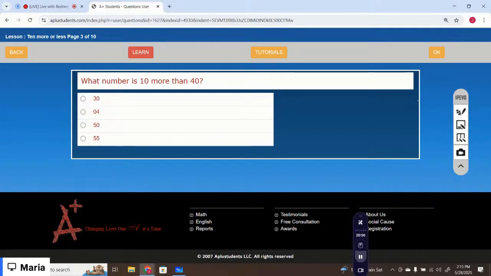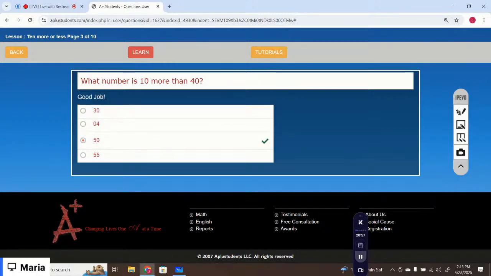Ten more than 40 is 50. Option number 3 is the correct option. That is 50.